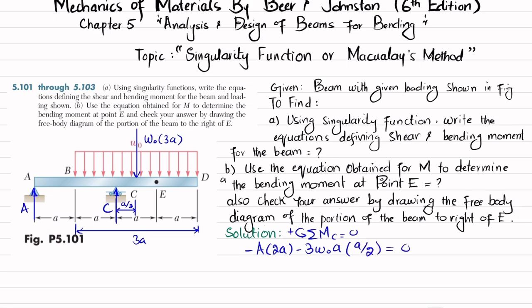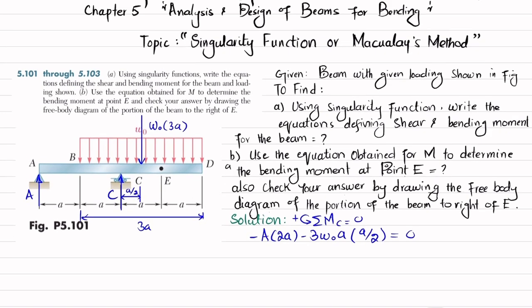The sum of all moments about point C is equal to 0. So I will write 2a into A is equal to minus 3 W naught a square over 2. So what if I need A? I will divide by 2a on both sides.